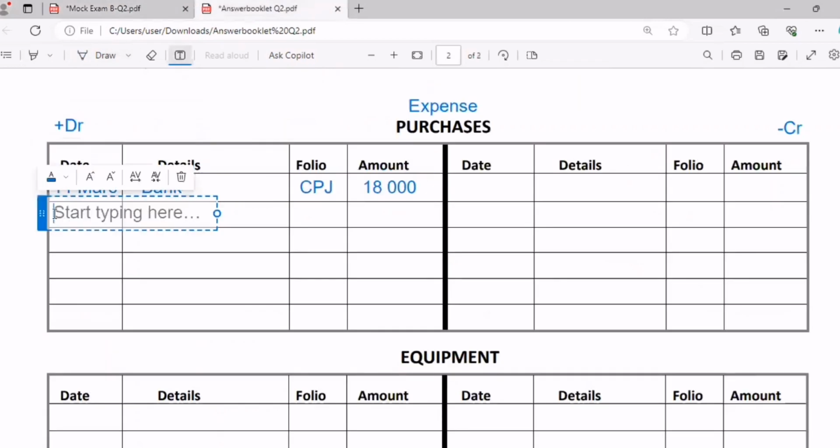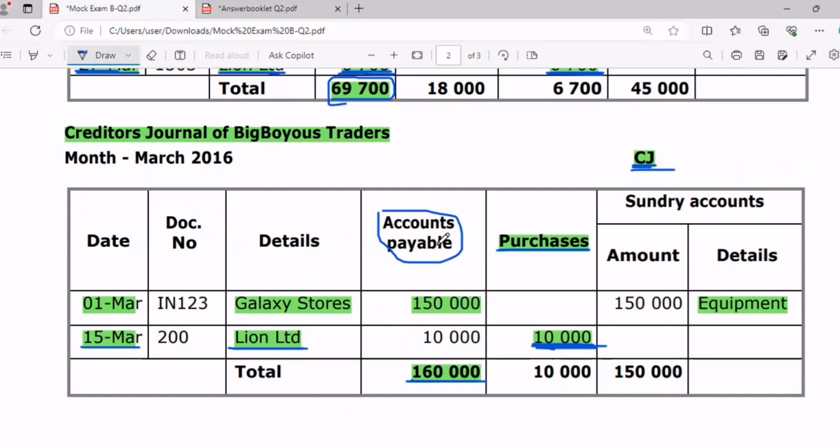So on the 15th of March, we made another purchases, and these were made on credit. How do I know? Because they are recorded in the CJ. Remember, in the CJ, you record all items that were purchased on credit.